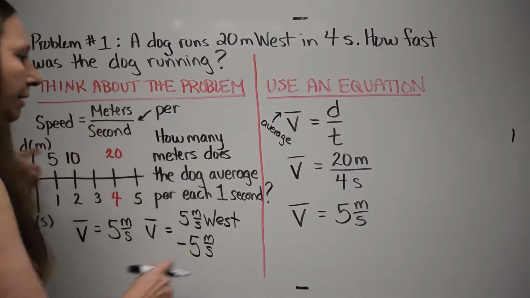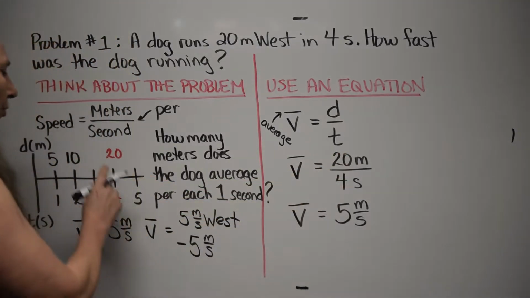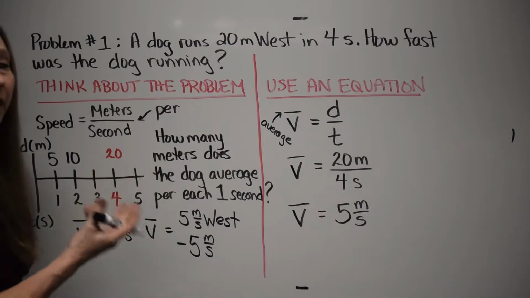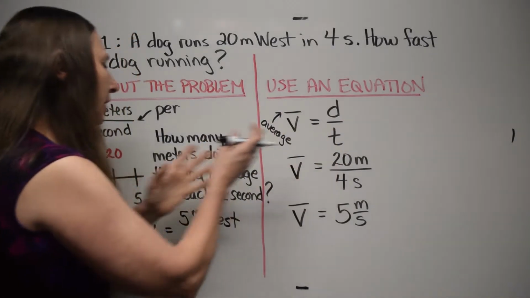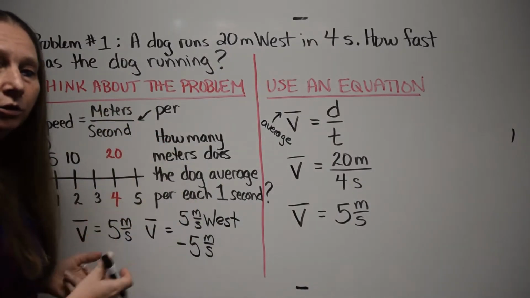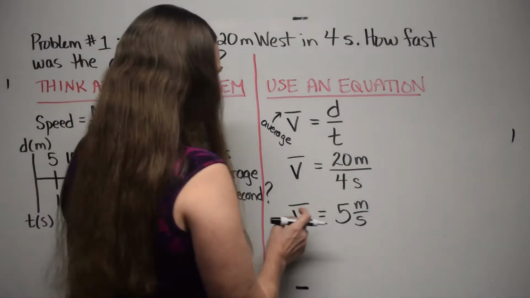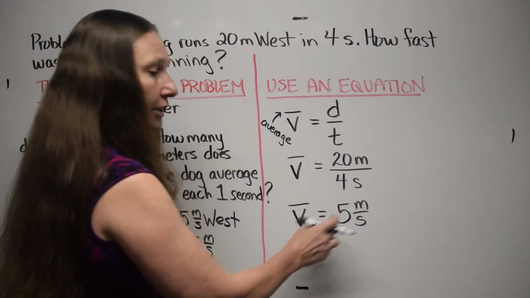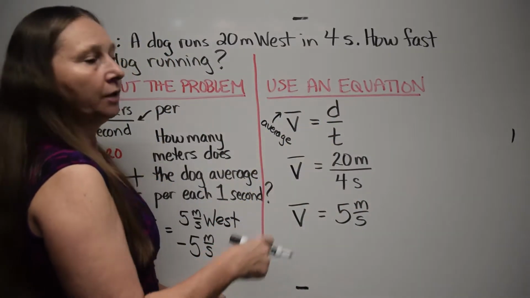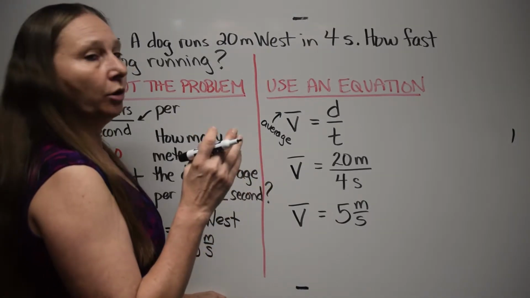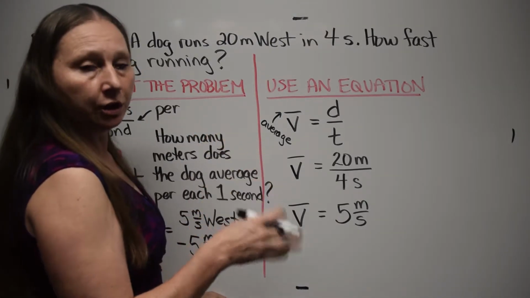So you're doing the same thing here, 20 divided by 4, that you did when you were just thinking about it. So the equation comes from thinking about the real world. And what we get here is that the average speed is 5 meters per second. Again, because we're only going in one direction, we're not changing direction, we're in a straight line, we're not slowing down.